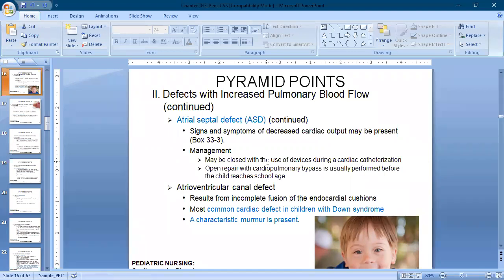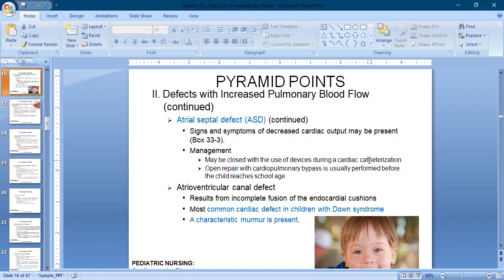Also encourage increased fluid intake to excrete the dye from the body. No tub bath for 3 days. Also limit the activities for 24 hours. Okay, this is important about the cardiac catheterization.